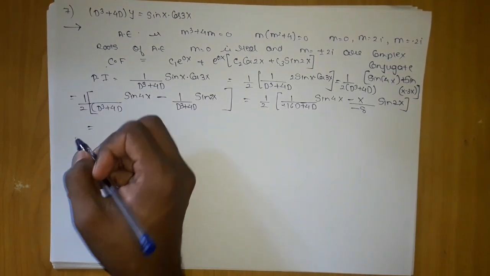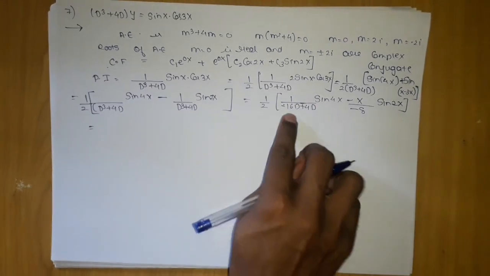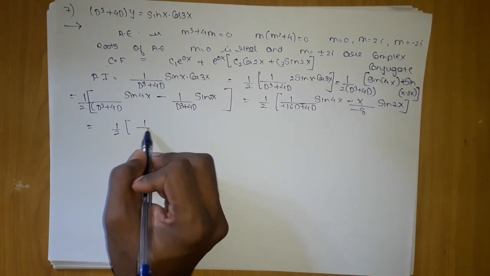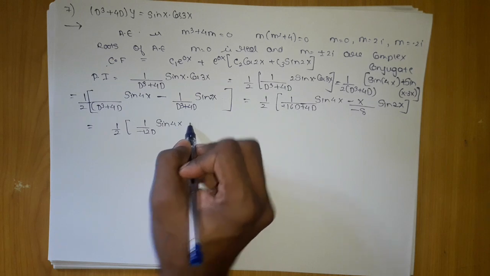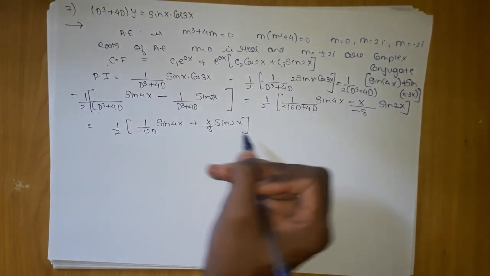So we are going to write our final answer in the format of this will become minus 12d. So we are going to write 1 by 2 bracket minus 12d into sin 4x. This will become plus x by 8 sin 2x bracket close.